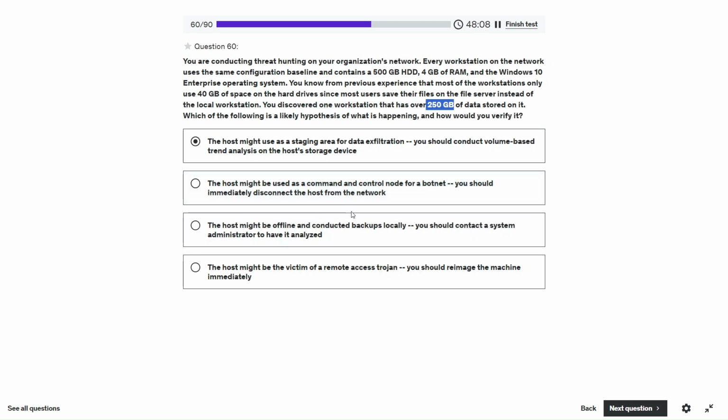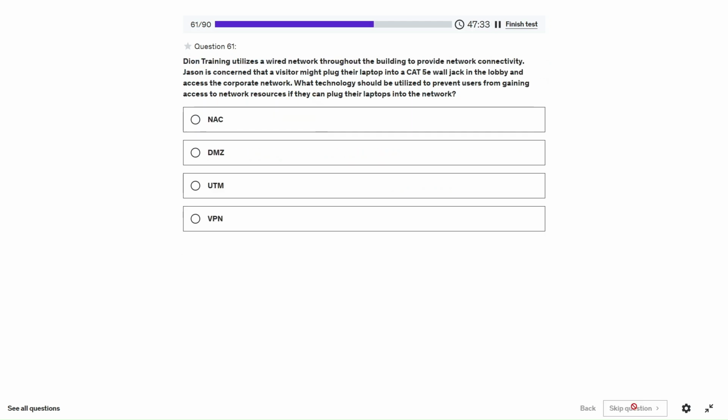No, command and control is not going to increase that much space. The host might be offline conducting a backup locally? Could be, but a backup would not get this much bigger. So the answer should be data exfiltration. This could be the system used as the point where the data is kept.